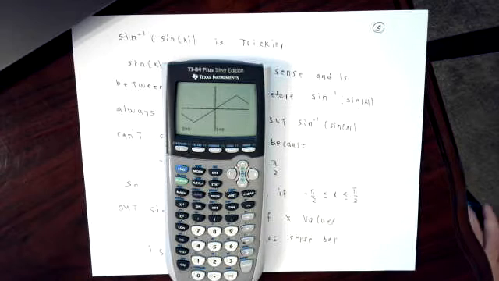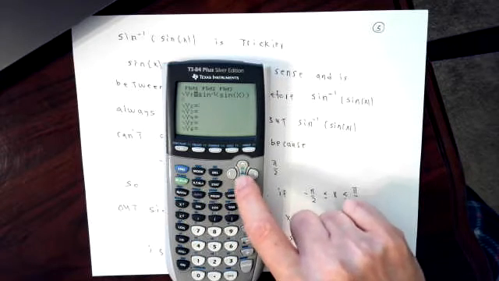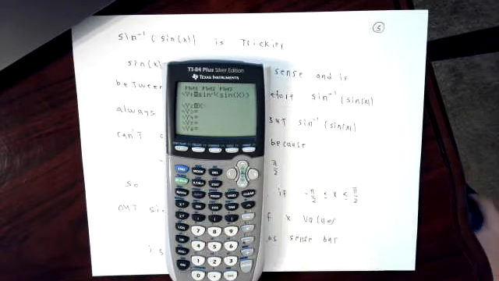The reason I want to look at this piece in the middle is the part where x goes from negative pi over 2 to positive pi over 2 radians is allegedly the set of x values where my inverse sine of sine of x is going to be x. So I'll graphically verify that by drawing the graph of x in.